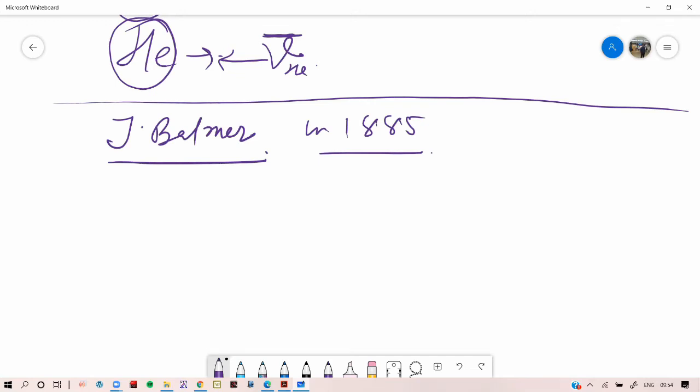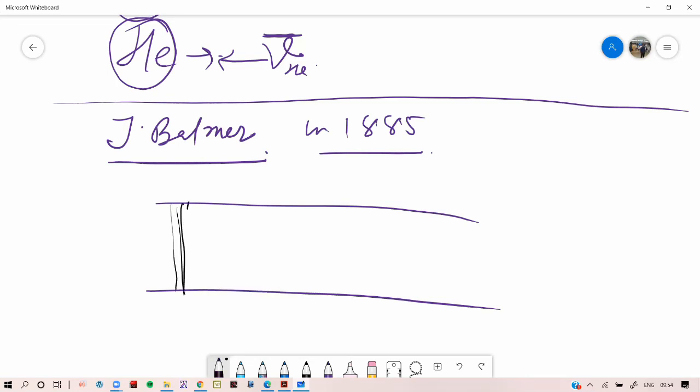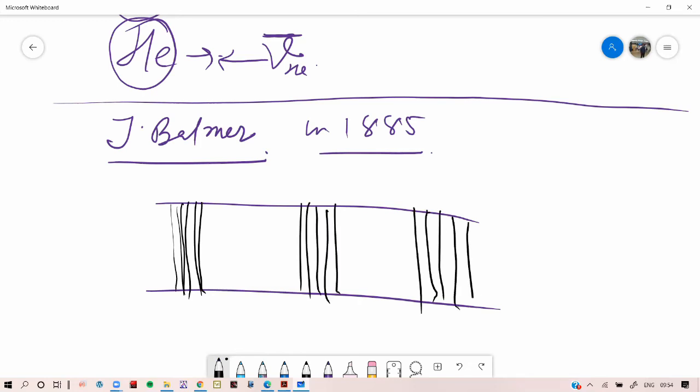So it was not a single line. It was like this: a series of lines here, and there was another series of lines like this. There were 3, 4. I'm not concerned with the number at this time. I'm just showing what Balmer means by this statement.